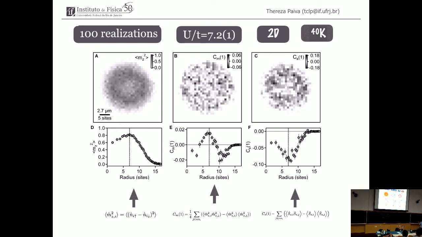And just to call your attention, here where the local moment is maximum is where we have the density at half filling, and here in the center of the cloud the local moment decreases because we are above half filling, and here at the edge of the cloud we are below half filling until we reach the edge of the cloud.